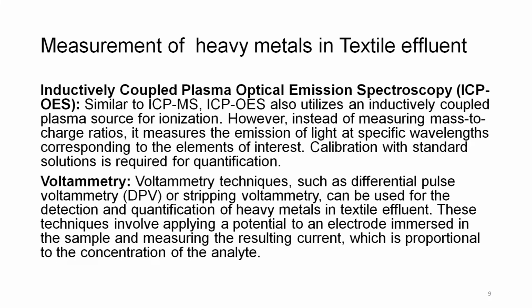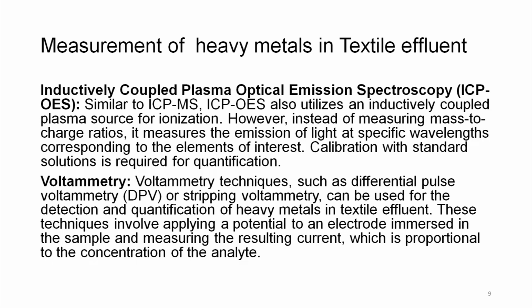Voltammetry. Voltammetry techniques such as differential pulse voltammetry, DPV, or stripping voltammetry can be used for the detection and quantification of heavy metals in textile effluent.